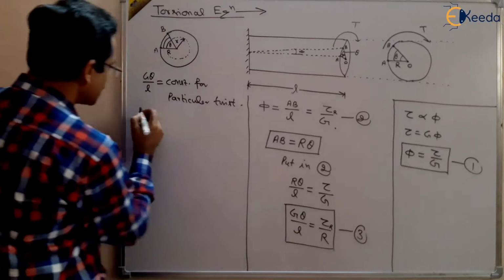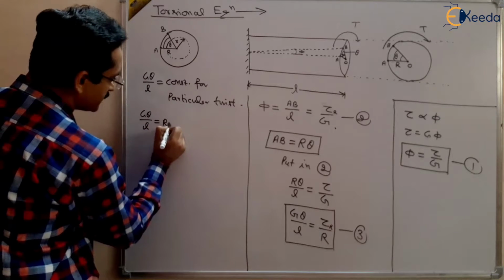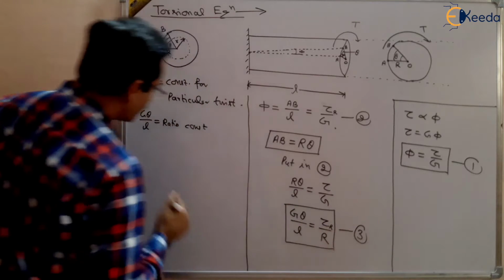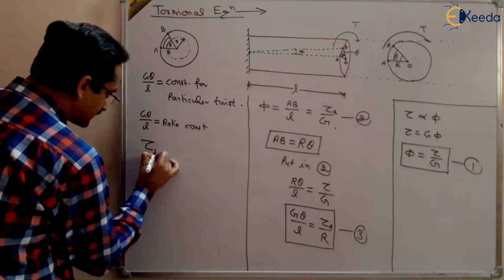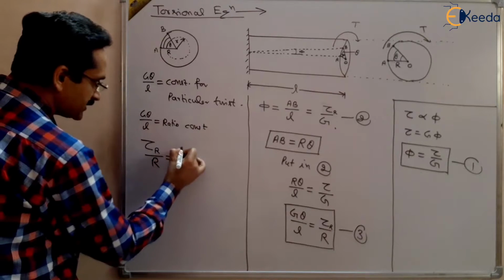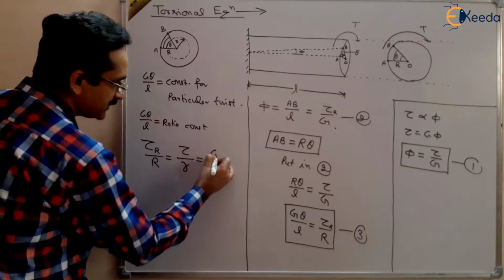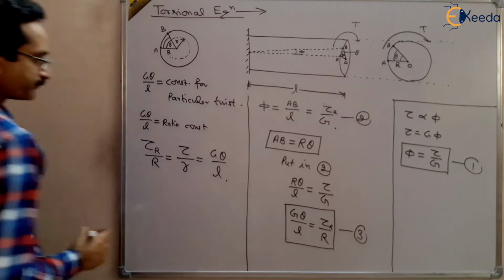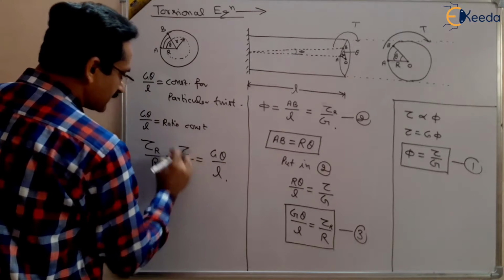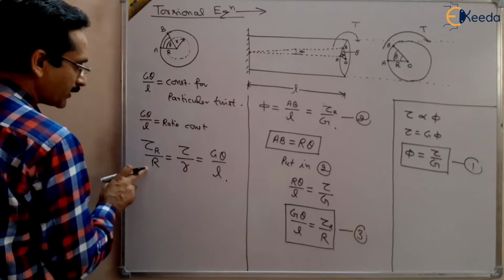It means that this ratio G theta by L is constant for all tau and r. So it can be said that tau r by r at the outer radius will be equal to the shear stress at the inner radius divided by its radius. So this will be constant, equal to G theta upon L. Finally we got that the shear stress depends on the radius, and it is maximum at the outer radius.